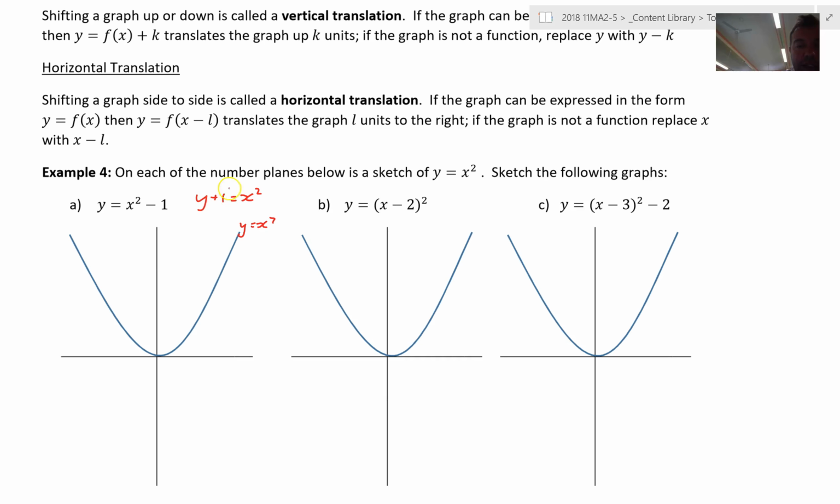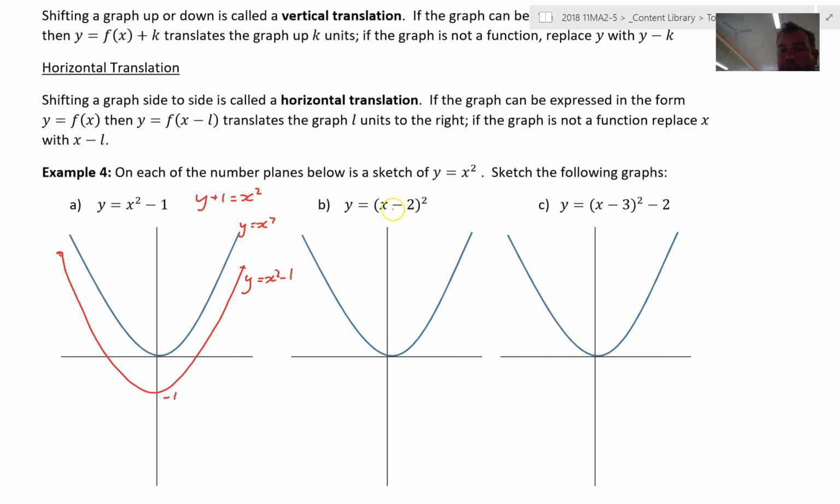I change the sign of that. That's a bad looking parabola. Minus 1. Oops. Okay, so that's close to our original function, and now this is y equals x squared minus 1.